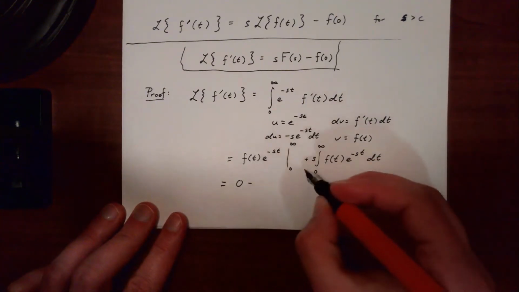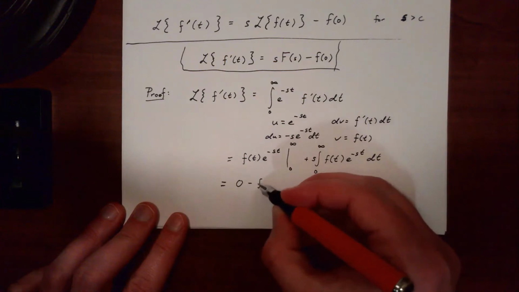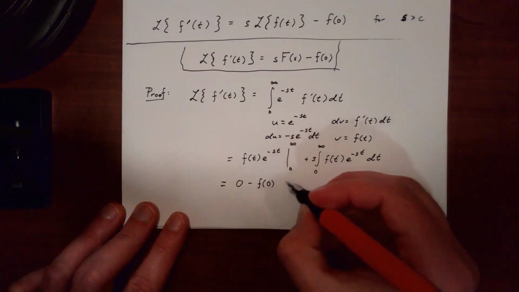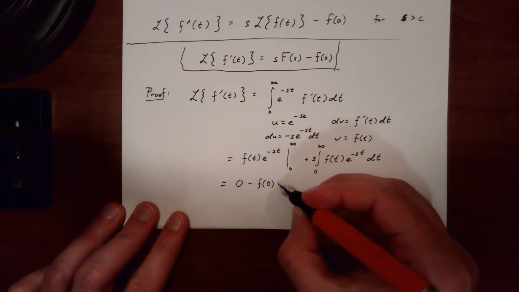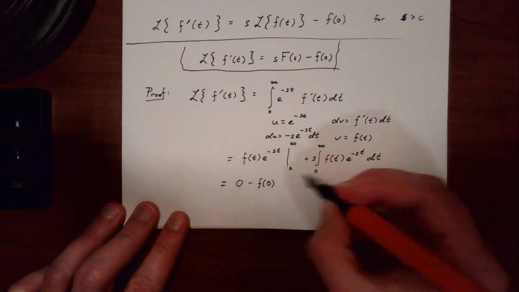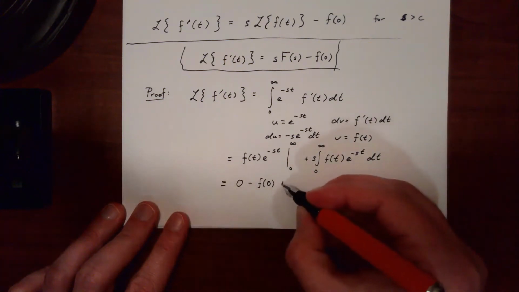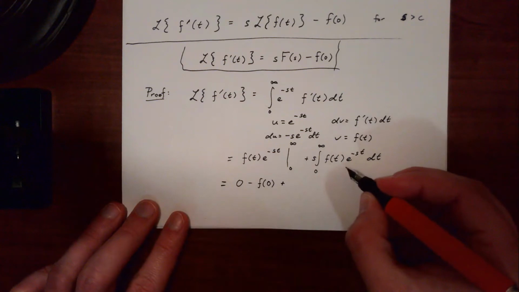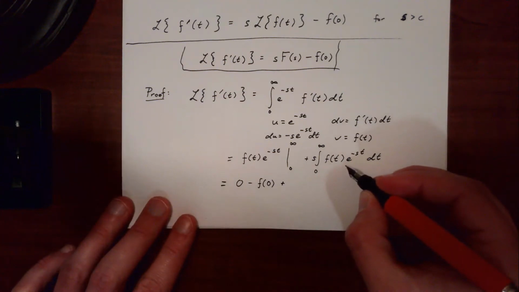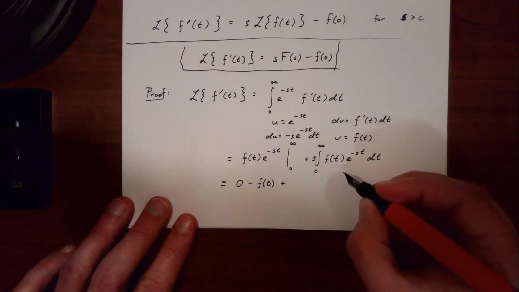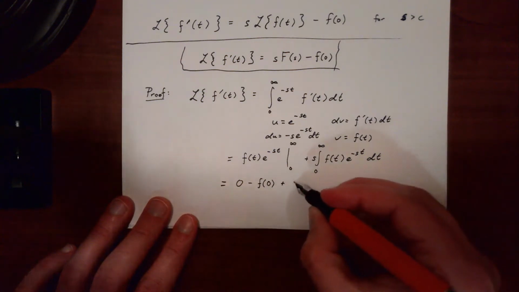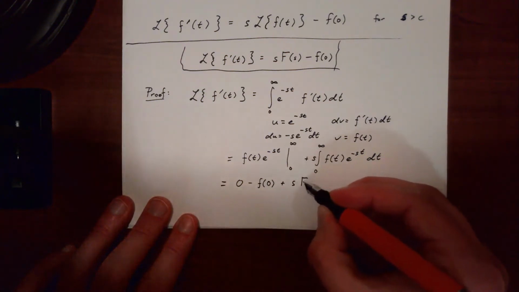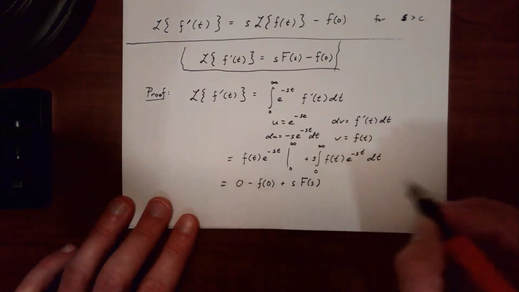Minus f of 0 times e to the 0. So that's just going to be f of 0. Plus, and now here, what is this? This actually is just directly the definition of a Laplace transform. So this is s times F of s.